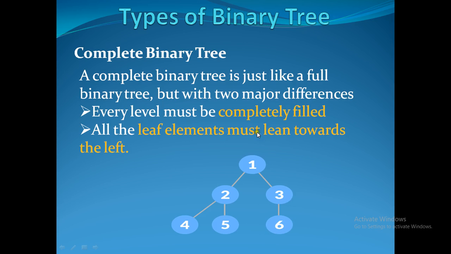All the leaf elements must lean towards the left. All the leaf, in the sense the leftmost elements should be filled first, then going to the rightmost element. If there is no element available to insert for the right element, then there is no problem, but all the leaf elements should be in the last level.